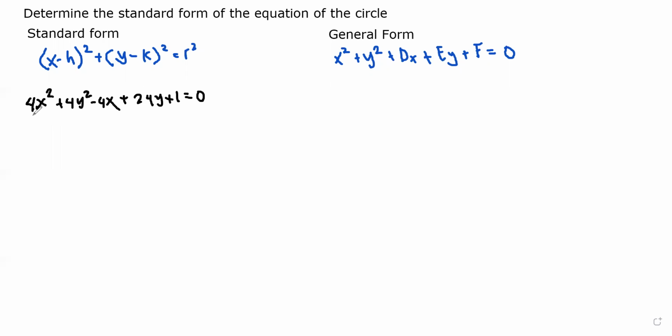Since we have the same coefficient for the first two terms, which is 4, we can divide the whole equation by 4. So we can now cancel this one, and this one.